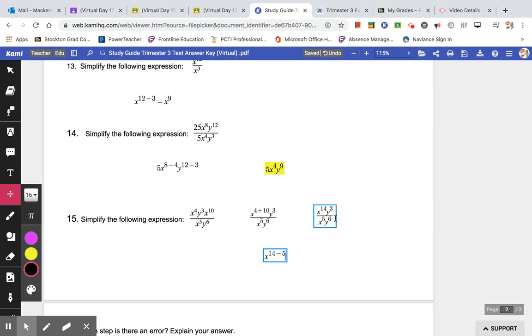And then notice how this y has a 6 on the bottom and a 3 on the top. So all you're going to do now is just keep the y on the bottom and subtract 6 minus 3. So it's a little bit of a tougher question, but still we're using that quotient rule. So the final answer here becomes x to the 9th divided by y to the 3rd.